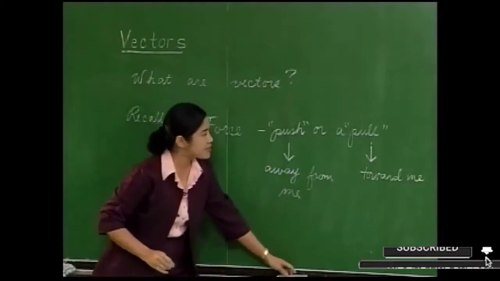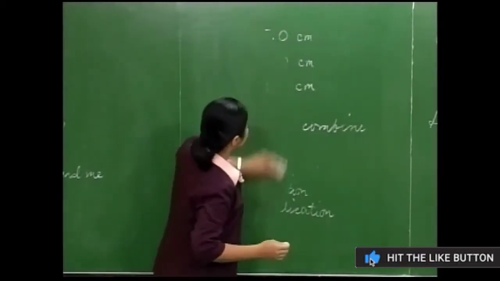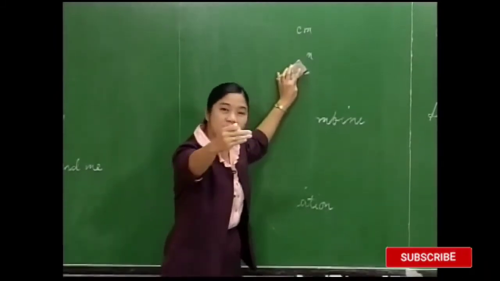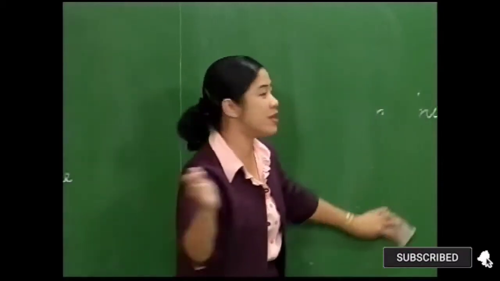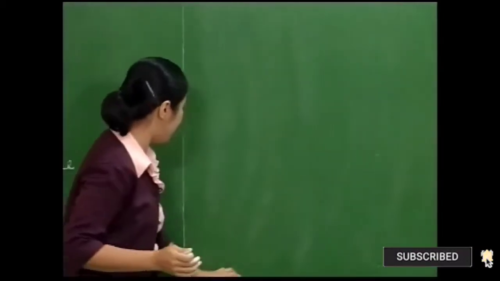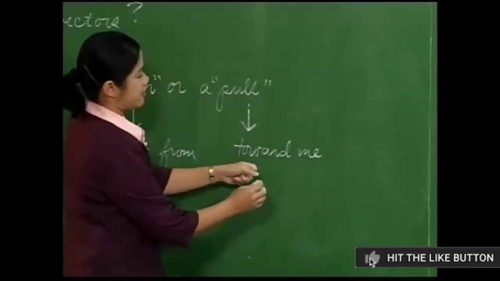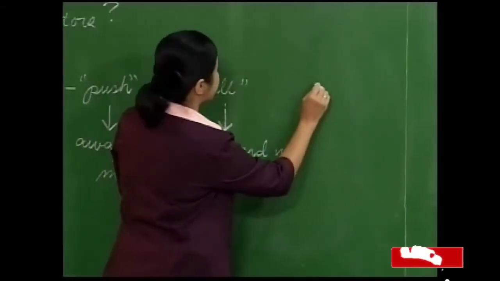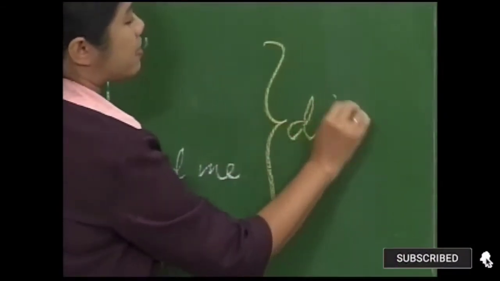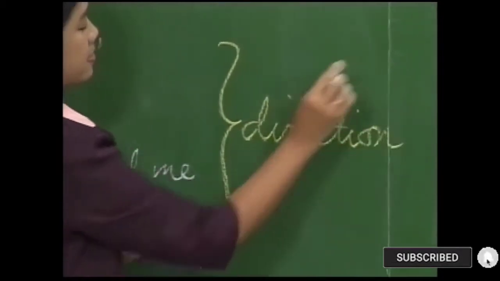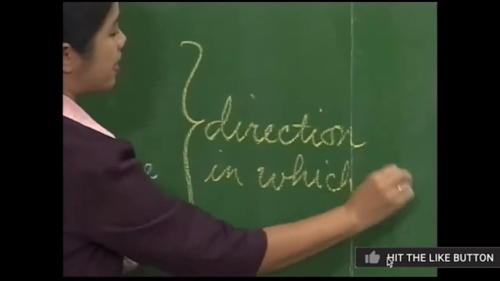Why do I emphasize this? Once you start saying toward you or away from me, away from you, to the right, to the left, that would mean that there is direction in which a force is applied.